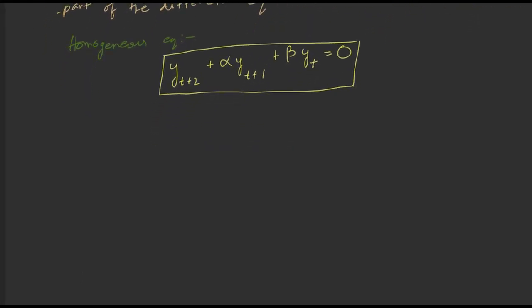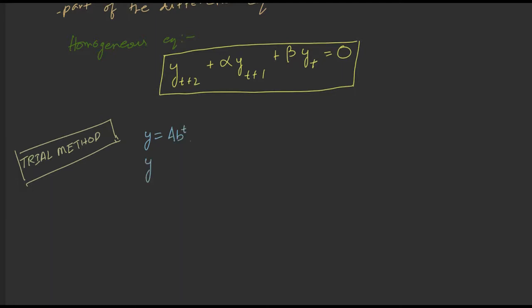First, we will solve this by the trial method. What is the trial method? We will consider y t equals a b to the power t.